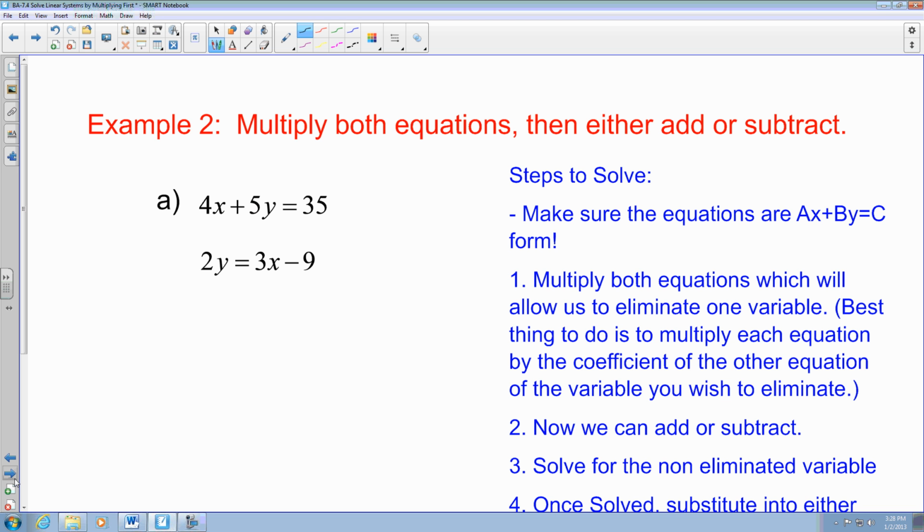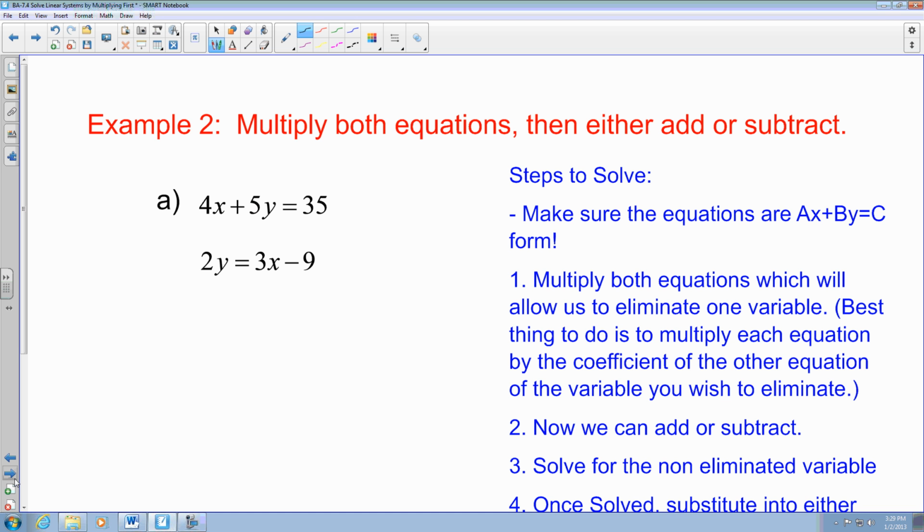Sometimes, like I said, you may have to multiply both equations, which mainly means there's no least common multiple that they have in common in both equations. So in order to do that, first you have to make sure, again, that it's in ax plus by equals c form.